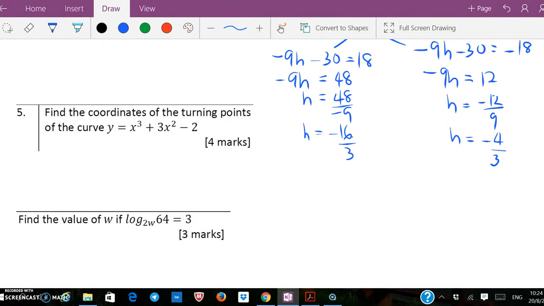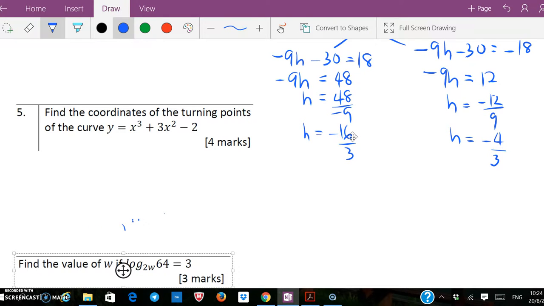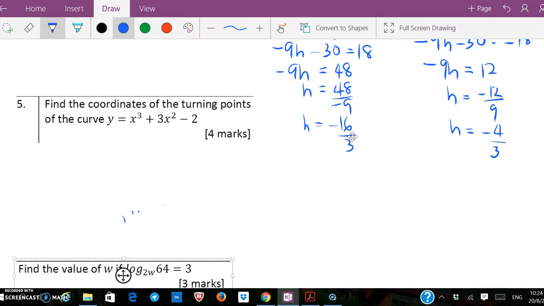Okay, now we will go on to question number 5. Find the coordinates of the turning points of the curve y equal x cubed plus 3x squared minus 2. So we'll just try to move this further down, because I think we might not have enough space to calculate.